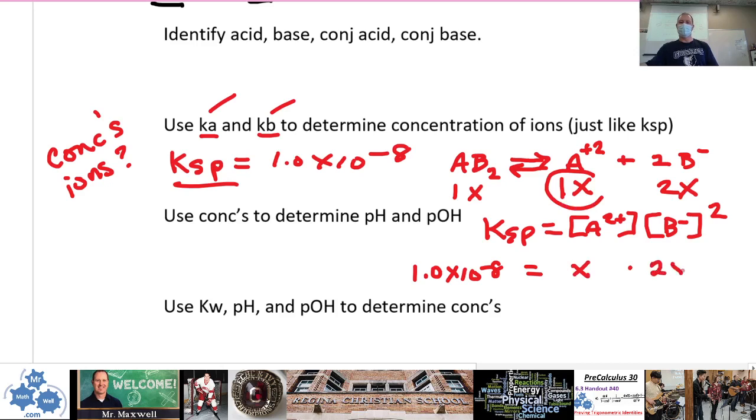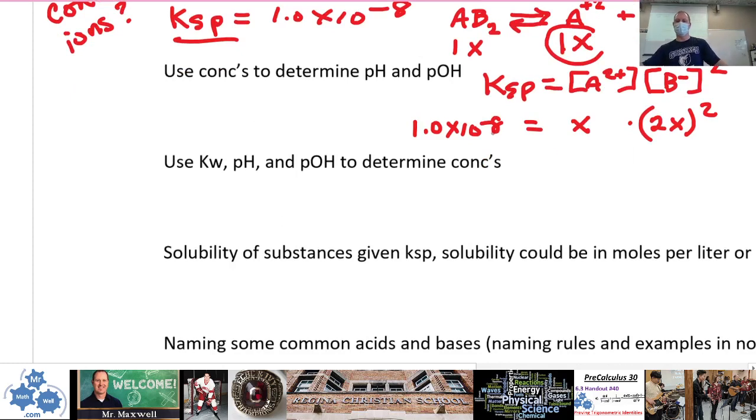So remember, yes, 2x squared, because that's according to the KSP. So hopefully this is bringing back some memories for you. And as I continue here, this is going to be 1 times 10 to the negative 8, and this is going to be 4x cubed.